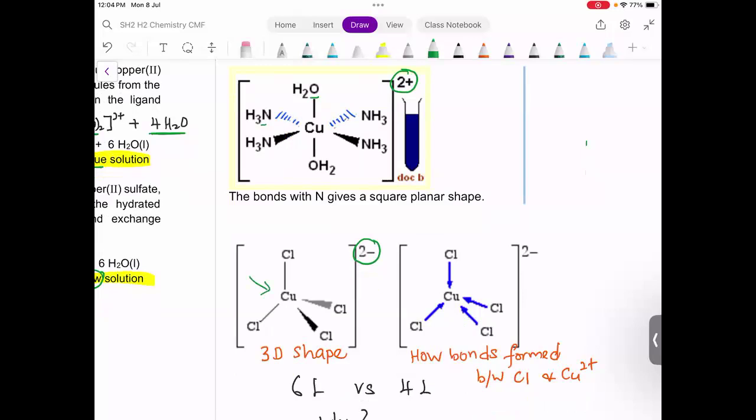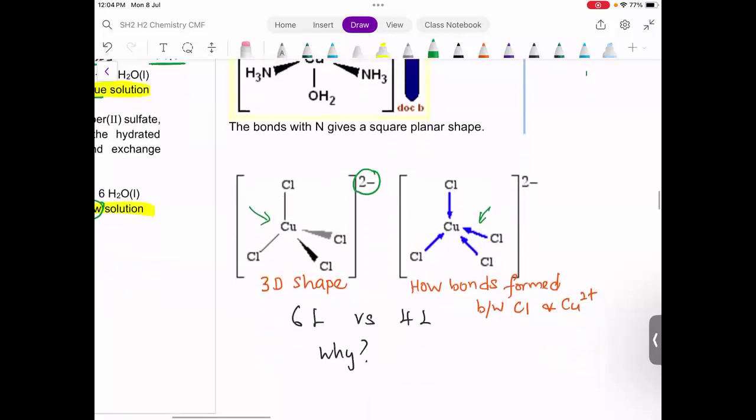If the question is asking for how bonds are being formed between the ligand and your copper 2, then this is how you draw it. So appreciate that there's a different diagram to fit the different assessment. This one is in your notebook already, so you can refer to that.